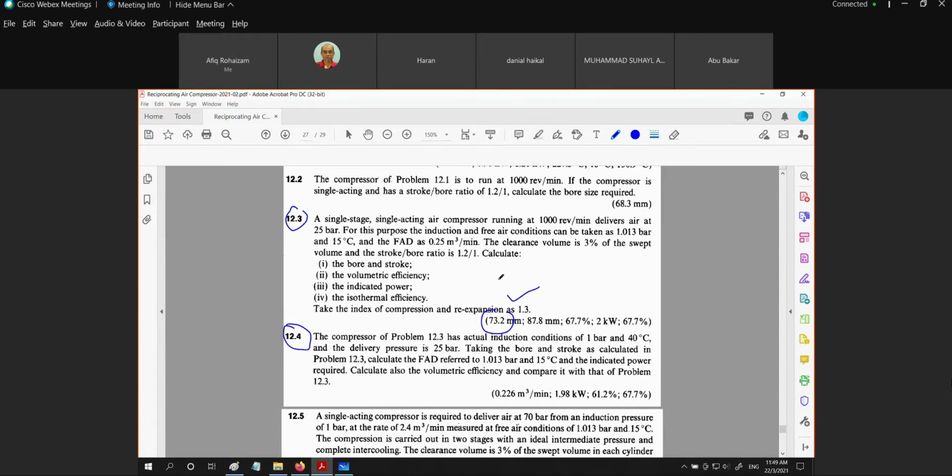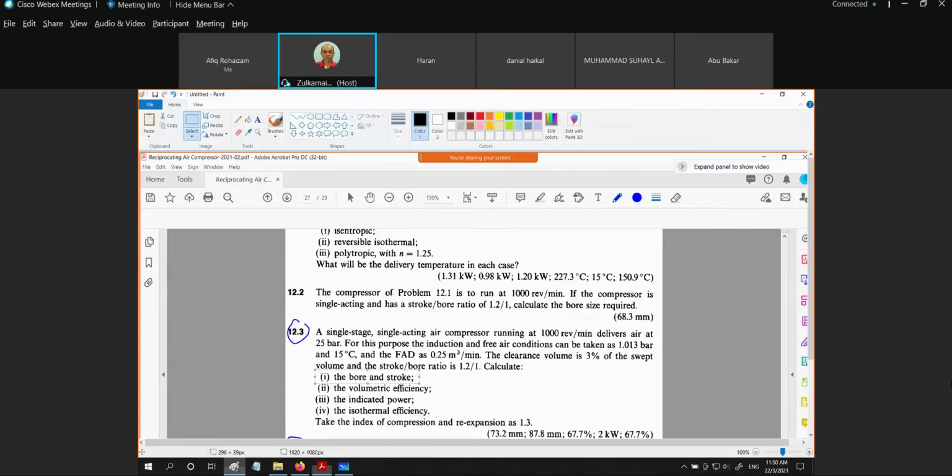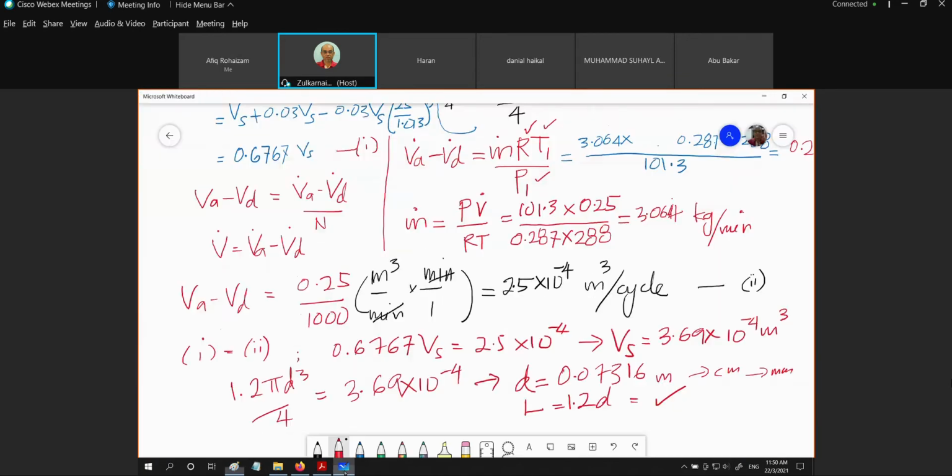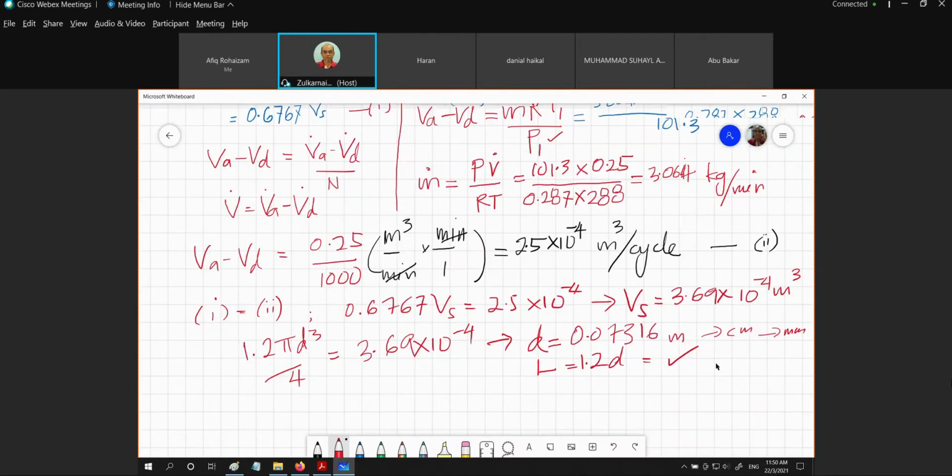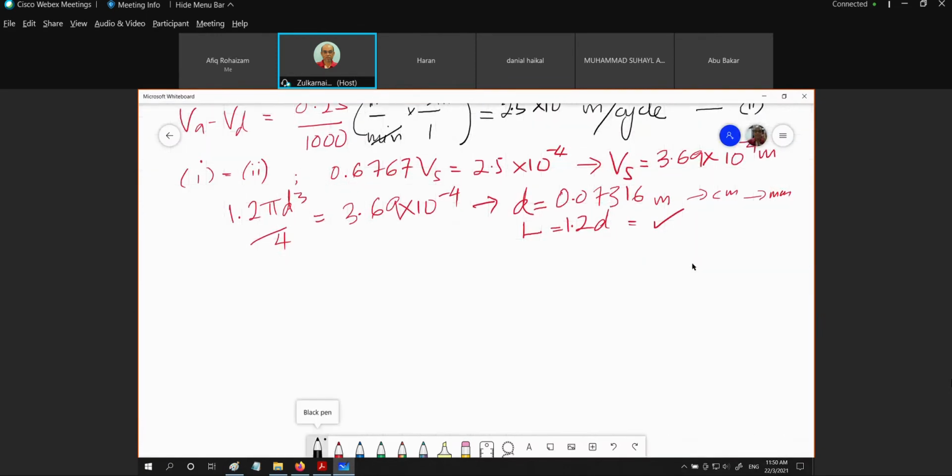Now we get the volumetric efficiency, part 2. So that is for number 1. Now we try to get the volumetric efficiency.